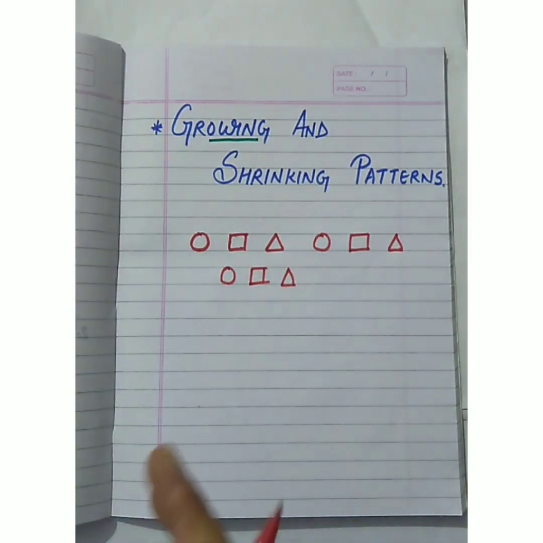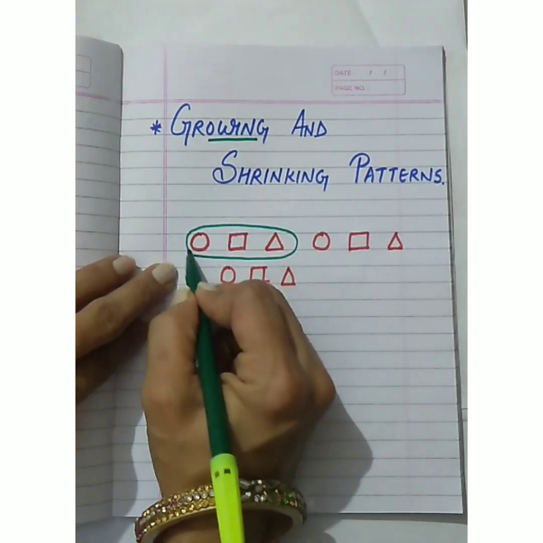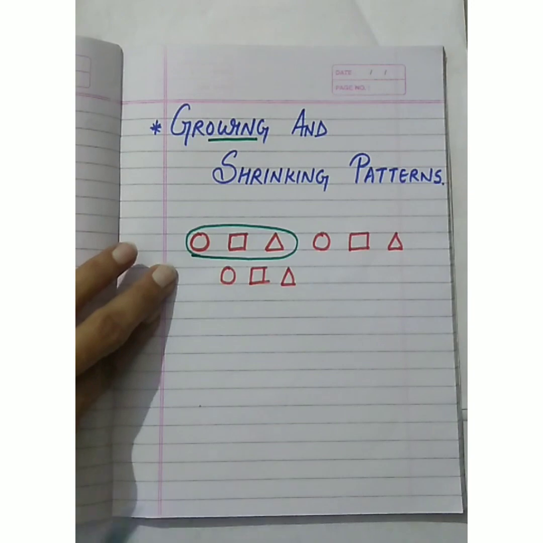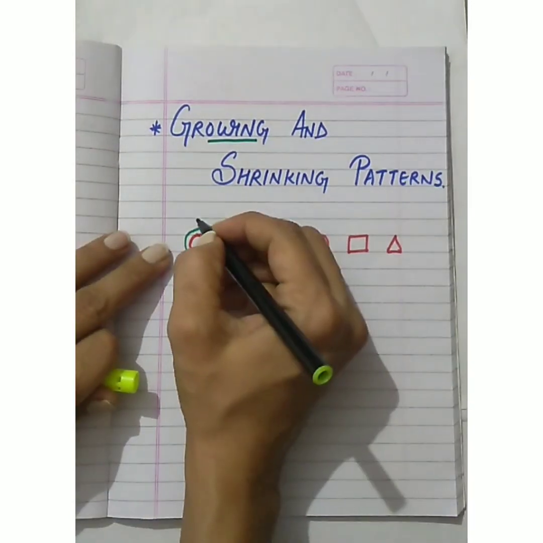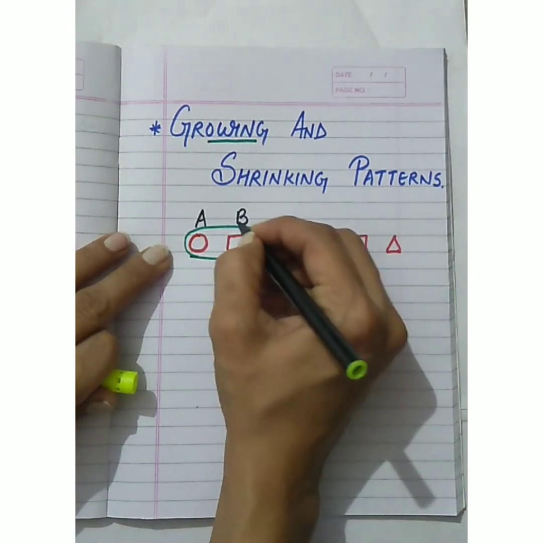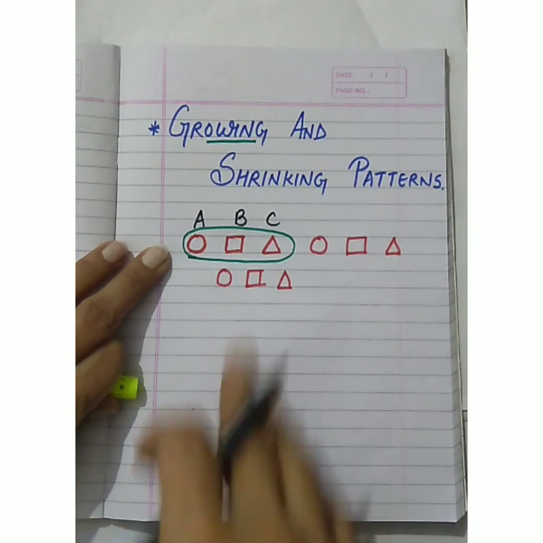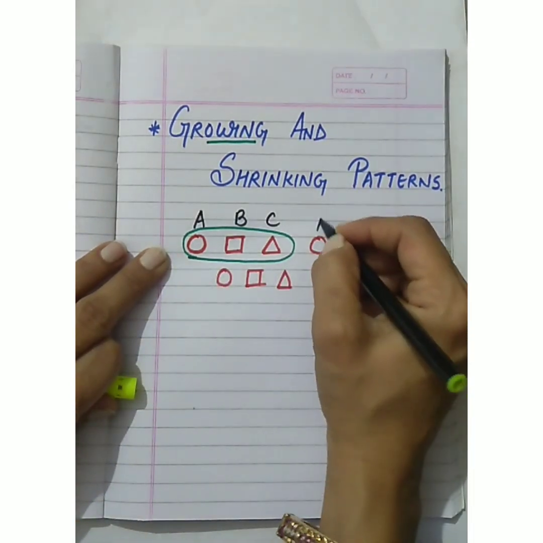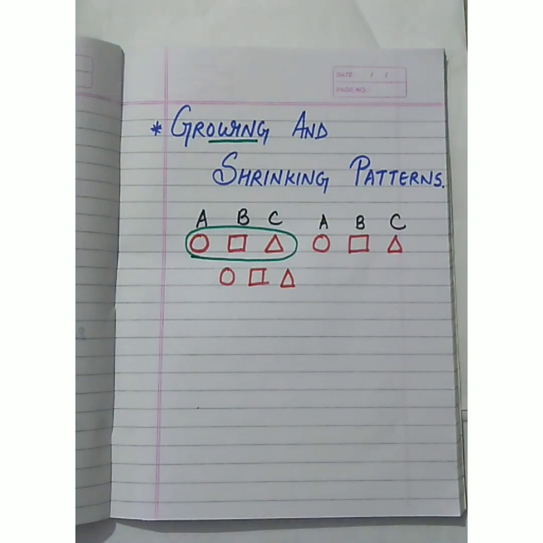This figure repeats again and again, so this is the core of this pattern. Now we can label the elements. If I want to label this, I can label such as A, B, C. Then it becomes very clear that again it will come A, B, C. So that is what helps to predict what will come next.